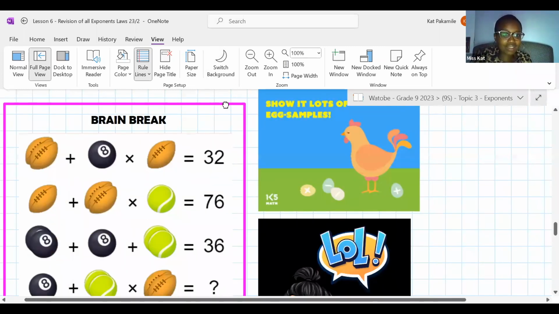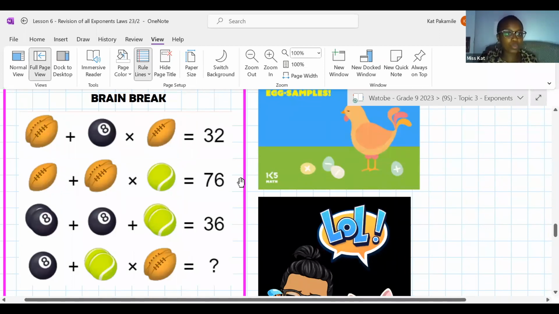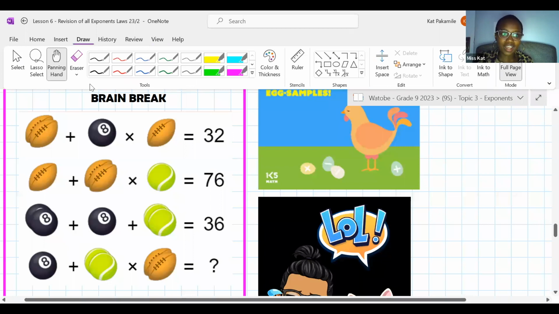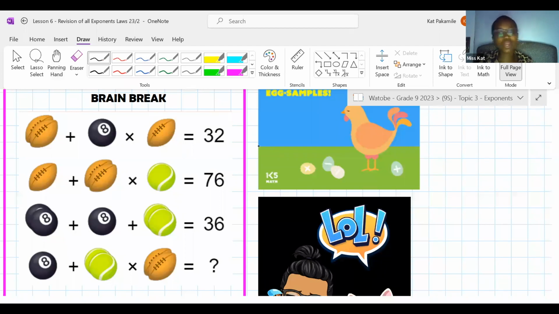Okay, let's see. We have a rugby ball, we have a pool ball, and a tennis ball. If you get this, give us a heads up in the chat. Give us a clue. You guys are laughing at the joke. I love it, guys. Egg examples. Imagine. Guys, you know I steal these jokes and say them in class, but my kids are not nearly as proactive as you. They just stare at me like I'm crazy. So I appreciate you guys. I love you guys. Justin went and killed my vibe. It's fine. Let's do the brain break.